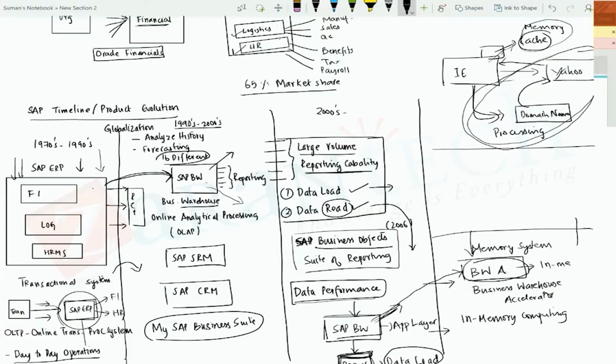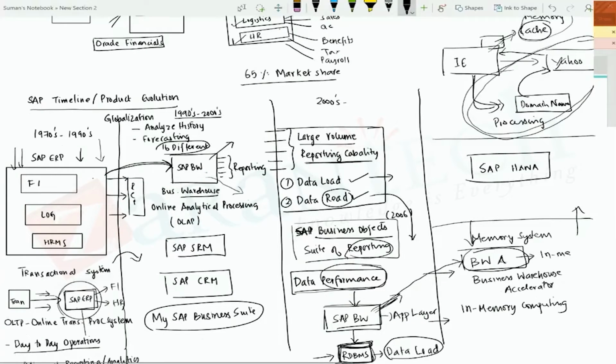One of the key things that drove SAP to this new product called SAP HANA is challenges with reporting and data performance. That was one of the primary reasons why SAP started moving on to SAP HANA as a platform. The idea of giving this timeline and product evolution is, when you go into a real-world project, if you have not been in SAP technology before, you need to understand what happened in the past.